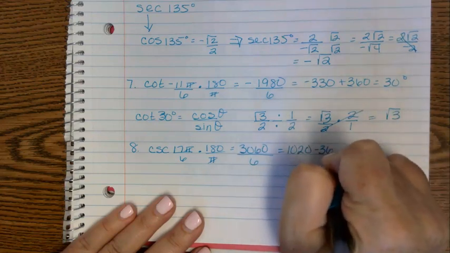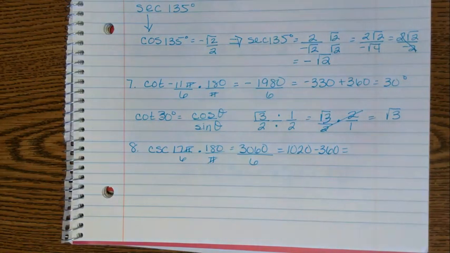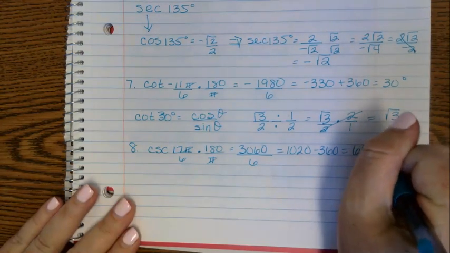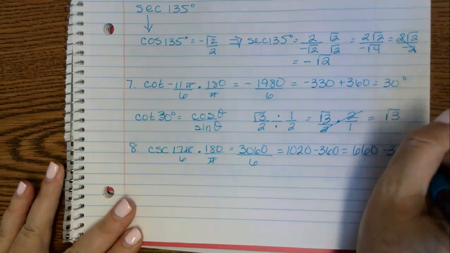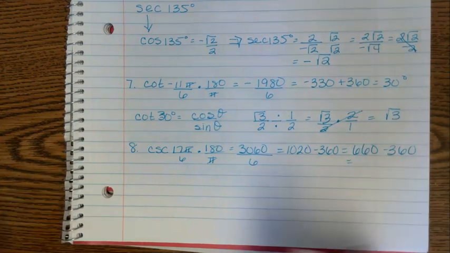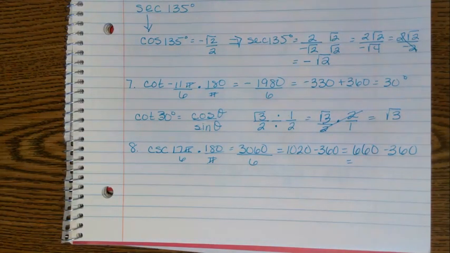We're going to subtract 360. 1020 minus 360 is 660. Minus 360 will give us 300.